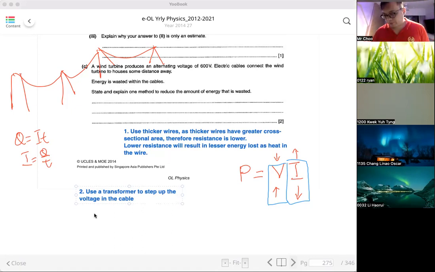At home, your voltage is 230 volt, but during transmission it could be like 50,000 volt. Why do I make the voltage of this wire very high? Because if I make my V very high, my current will be very low to maintain the same amount of power passing through the cable. Is that clear? So when your current is low, the energy loss will be less.